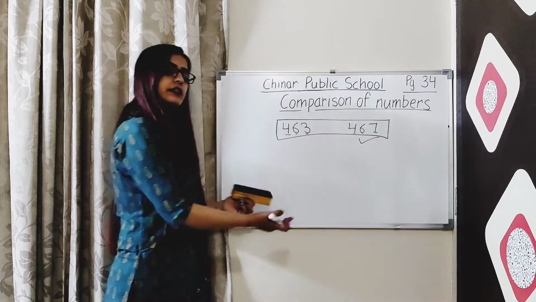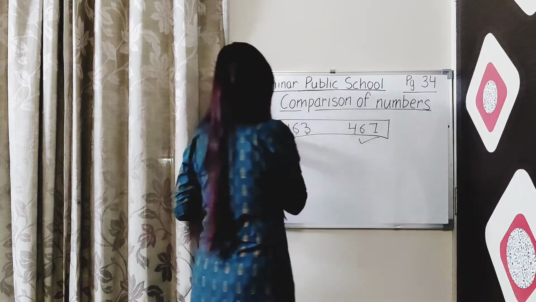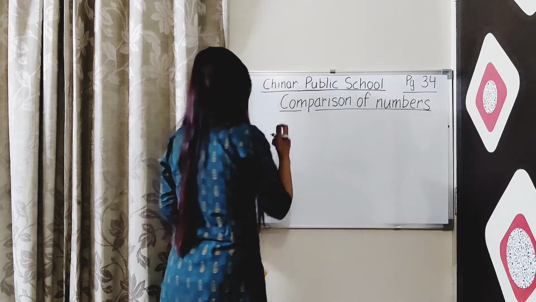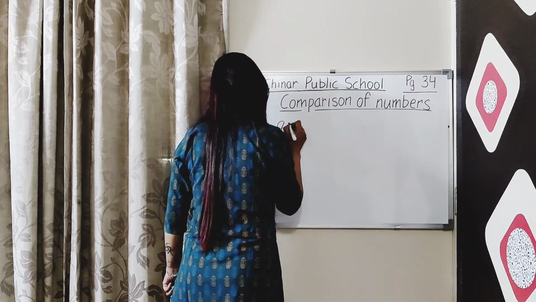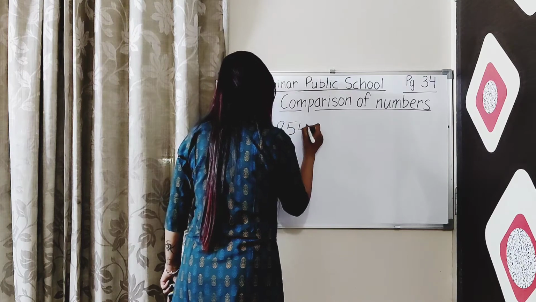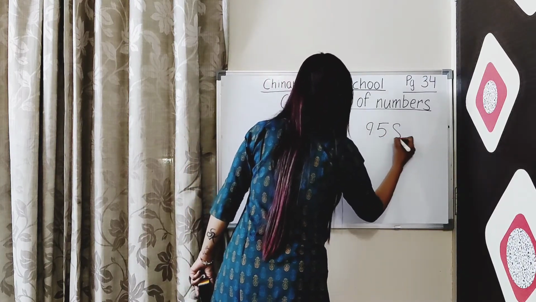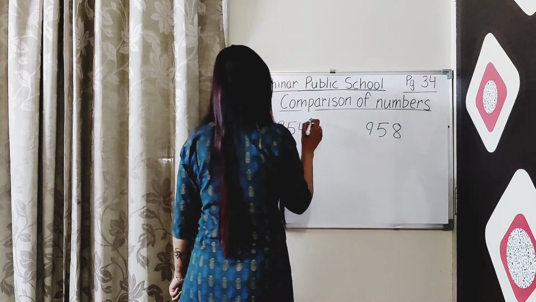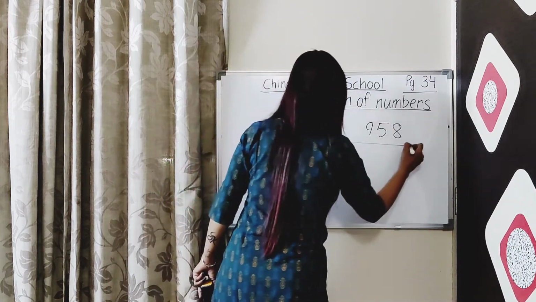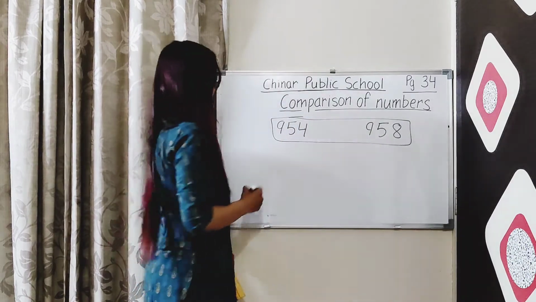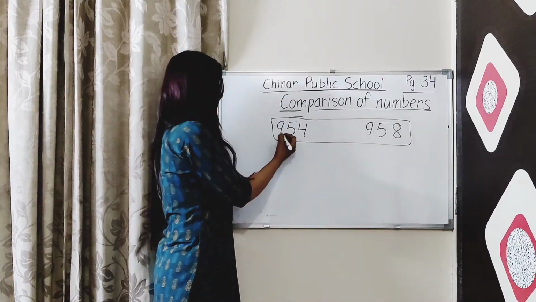In the same manner we can find the smaller number also. Now look. In this we have to find the smaller number. Children, start comparing from the left side.